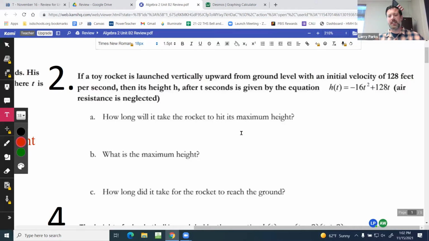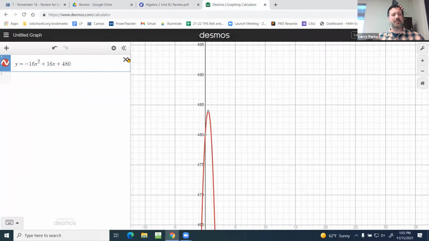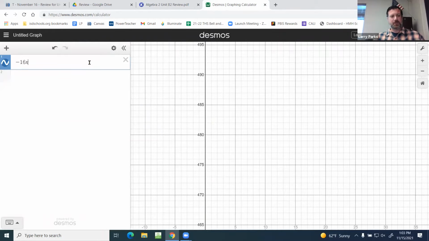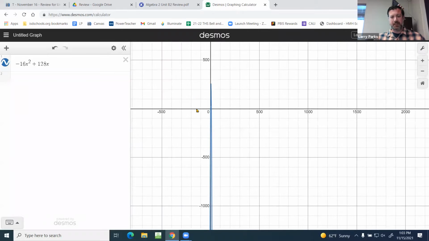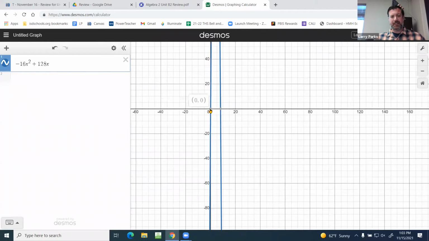So how long will it take the rocket to hit its maximum height? So I would type this in, negative 16t squared plus 128t. I have to use an x. Zoom in, zoom out. There we are. Started from the ground right here.